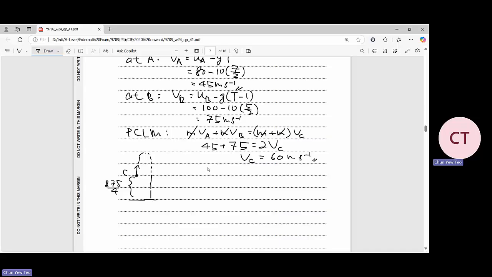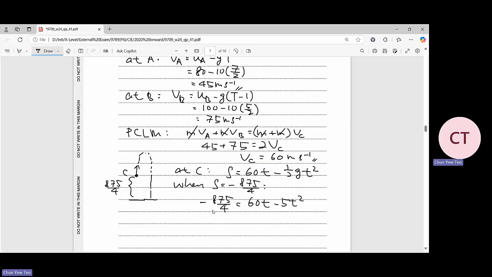For the particle C, we have s equals 60t minus half gt squared. When your displacement is negative 875 over 4, you have negative 875 over 4 equals 60t minus 5t squared.